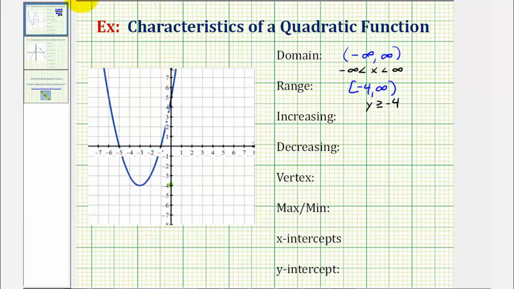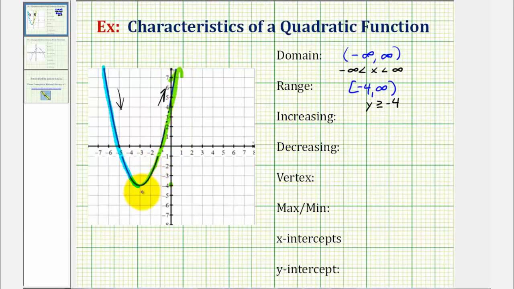So looking at the graph of our function, notice how to the left of the vertex, the graph is decreasing, and to the right of the vertex, the function is going uphill or increasing.